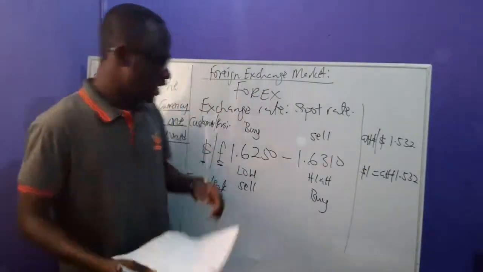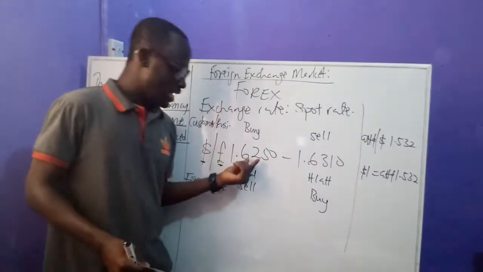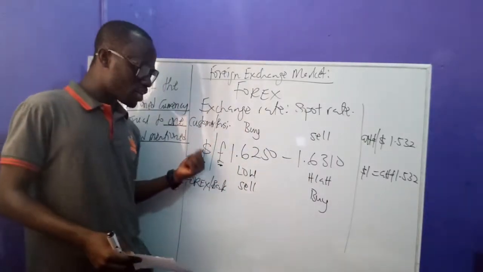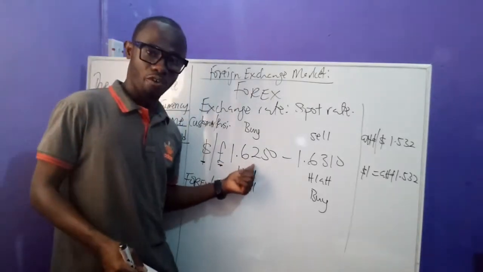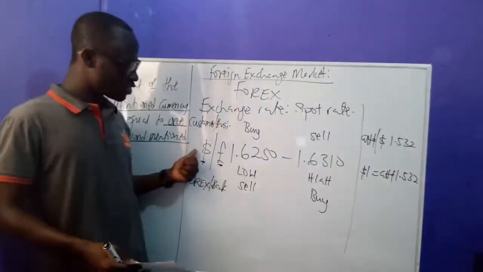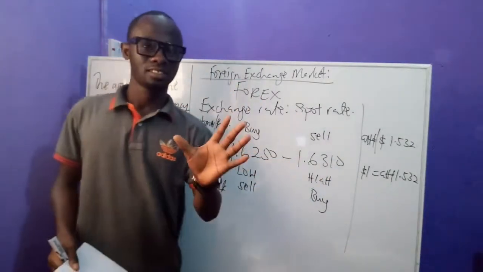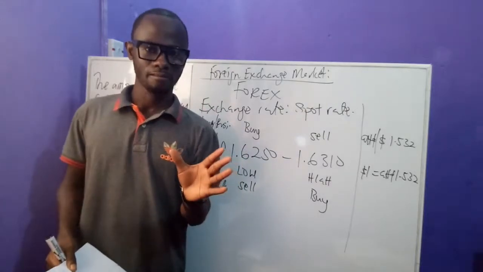It simply means that if we're looking at it from the perspective of the customer, the customer will buy the first mentioned currency at the low rate, and the customer will sell the first mentioned currency at the high rate. Please, another principle here.